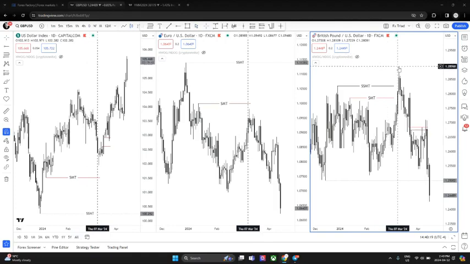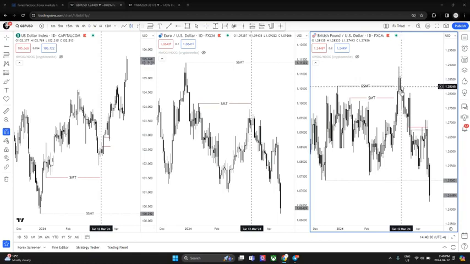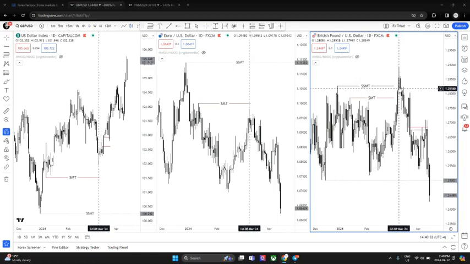Once you have this happen, and then a candle close below the precision swing point, that actually becomes a high probability order block. This is actually what you would call an order block.